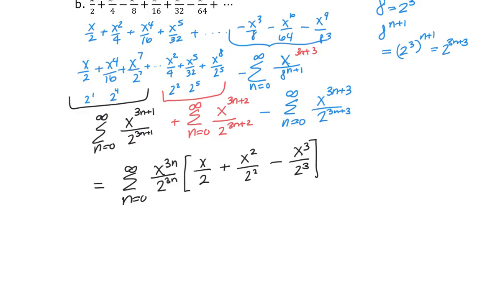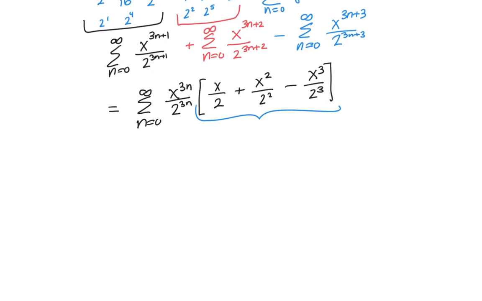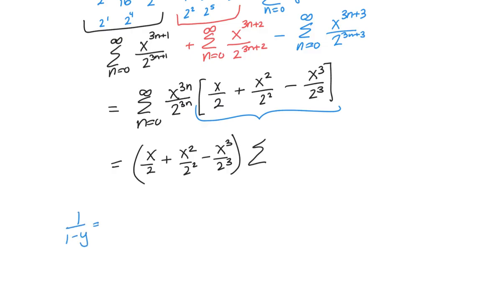I realize that all of these are not dependent on n, so I can factor all of that out. So I'm going to have x over 2 plus x squared over 2 squared minus x to the 3rd over 2 to the 3rd. And since I'm going to be using 1 over 1 minus y is equal to the summation of n equals 0 to infinity of y to the n, I'm going to go ahead and combine these back in.